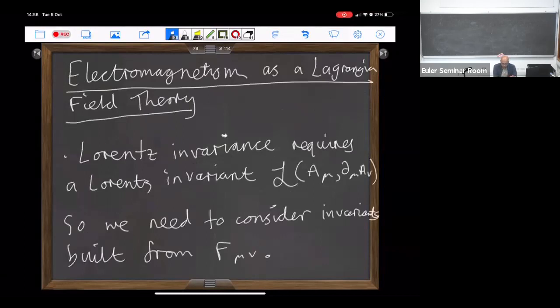Okay, so we now want to formulate the electromagnetic theory as a Lagrangian field theory.